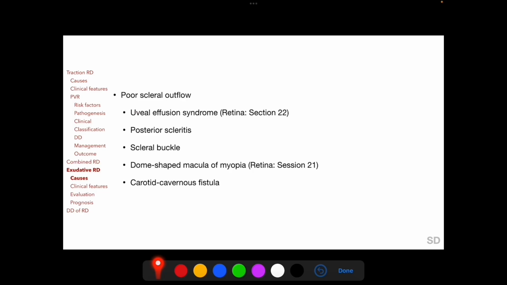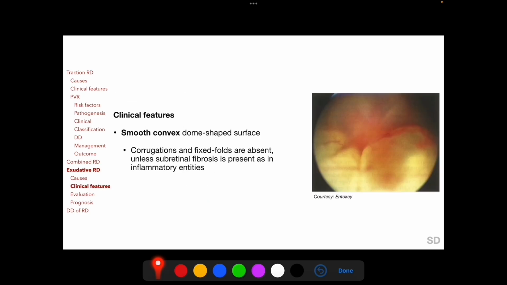Exudative retinal detachments from poor scleral outflow, in which choroidal detachments are also found, can occur from uveal effusion syndrome, posterior scleritis, following scleral buckle, dome-shaped macula of myopia, and in patients with carotid cavernous fistula. An exudative retinal detachment typically has a smooth and convex surface.